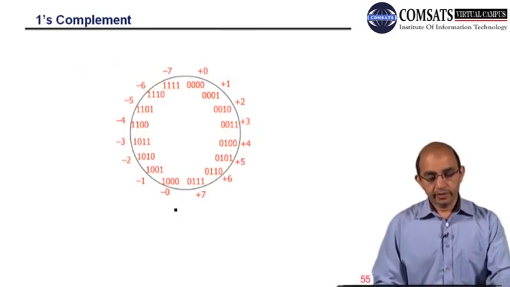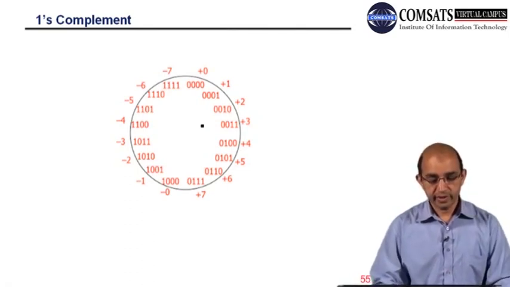So here I have a very generic mechanism of 1's complement representation, right, so you can see that we have a circle, and I have used 4 bits, but I have represented only from 0 to 7, and 1 bit is actually reserved for the sign, right.